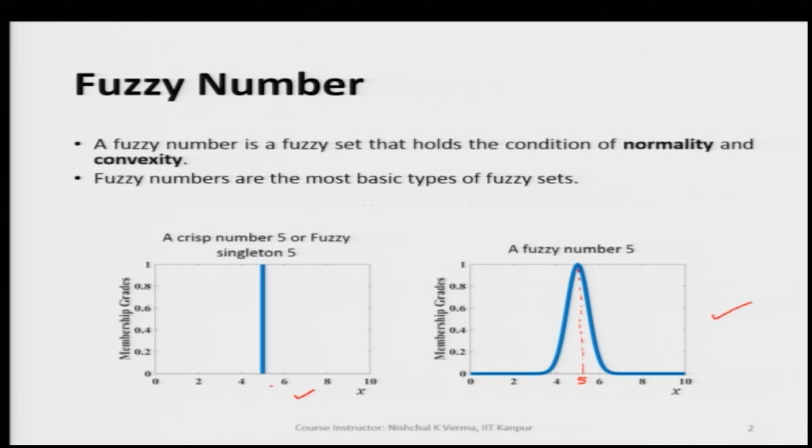So, we see here the fuzzy singleton 5, which is a crisp number. On the right side we have the fuzzy number. A fuzzy number is always a fuzzy set, but this fuzzy set must satisfy the conditions of normality and convexity.